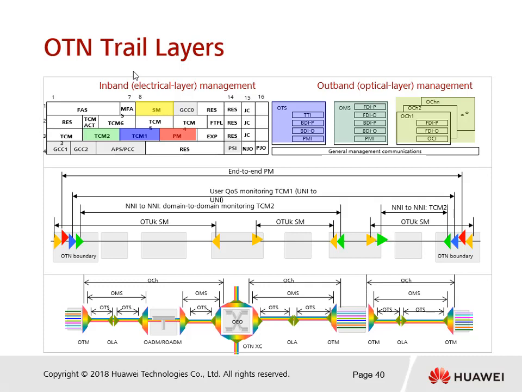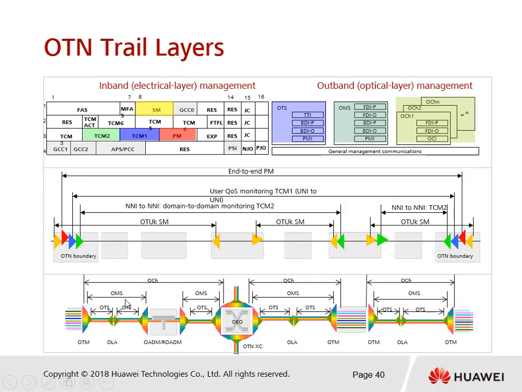And here we show you one example. We have an application from one side to another, from the OTM to another OTM. In the middle, we have the OLA station, and we have the OADM, optical add and drop. This OADM can be FOADM or ROADM.